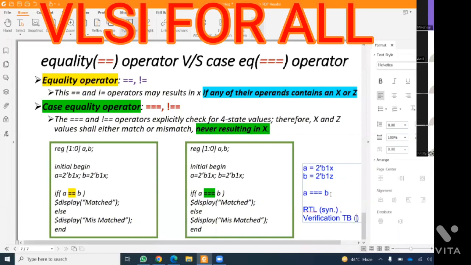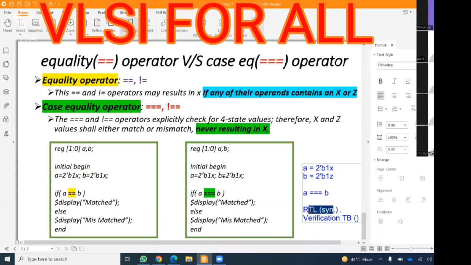It can be or it cannot be. You synthesize only the RTL, you don't synthesize a test bench, because the RTL is what you are going to get at the chip level. We are creating a test bench to verify this.